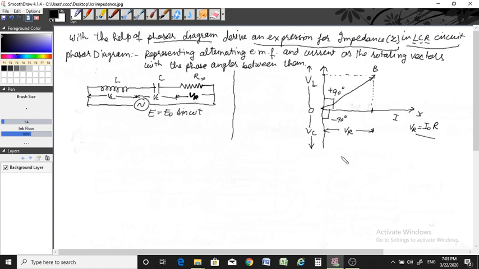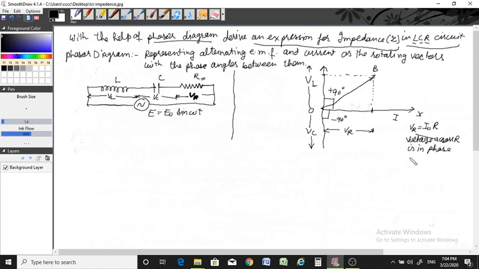We have VR equal to I naught R, and voltage across R is in phase with current.